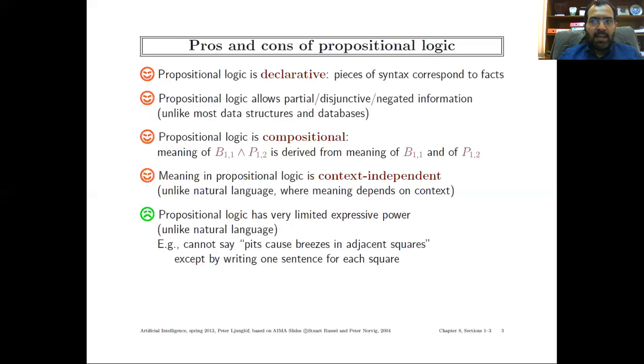Similarly, in logics, we have expressive power. In the propositional form of logic, we only have symbols. We combine those symbols together and see whether those sentences are true or false in a given situation. Therefore, we can say that propositional logic has a limited expressive power.